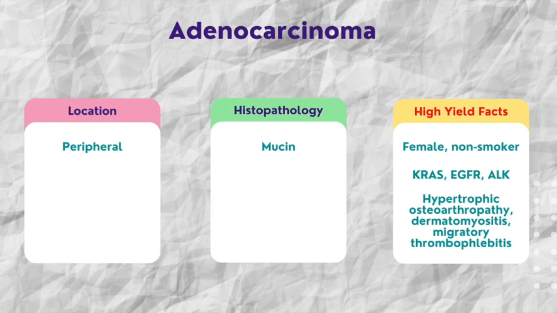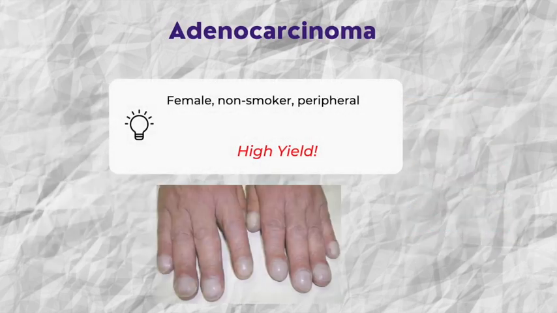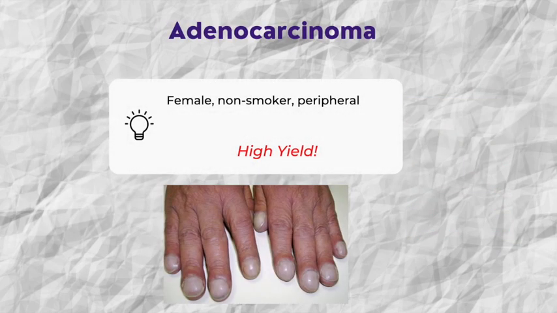But overall, adenocarcinoma: female non-smoker with a peripheral lung lesion. And think about KRAS, EGFR, ALK markers, as well as hypertrophic osteoarthropathy, dermatomyositis, and thrombophlebitis. Now let's take a closer look at the last non-small cell carcinoma, which is bronchial carcinoid tumor.